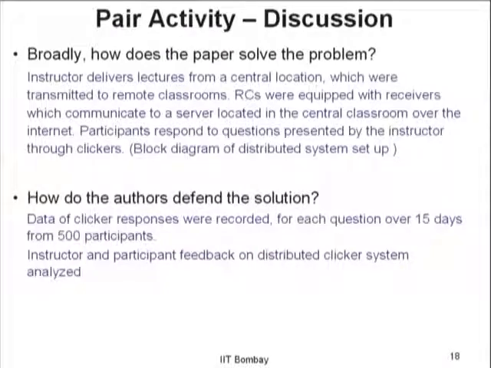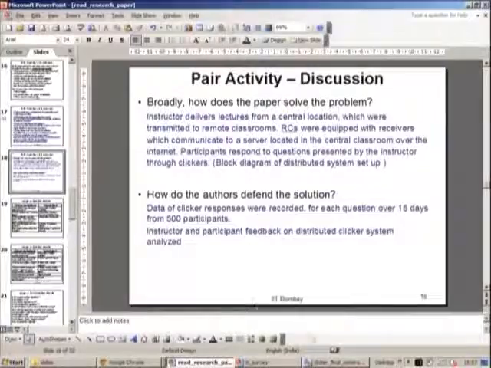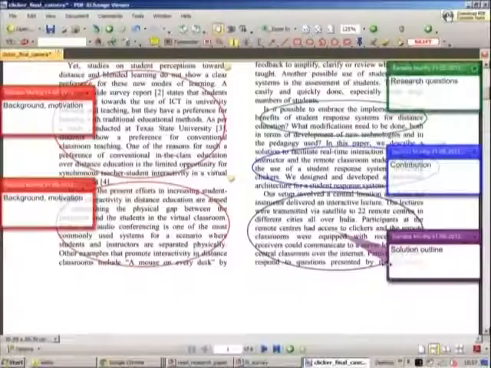Okay, now it gets bigger and bigger. Broadly speaking, how does the paper solve the problem? And this you would find on the first page of the paper towards the bottom. I will just quickly pull it out for you. I think we have seen it once earlier. It is what is shown at the bottom in purple, solution outline.